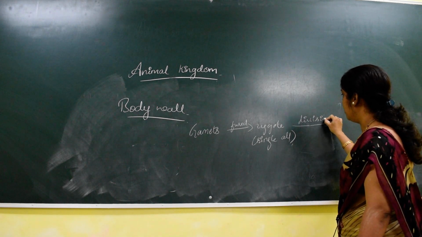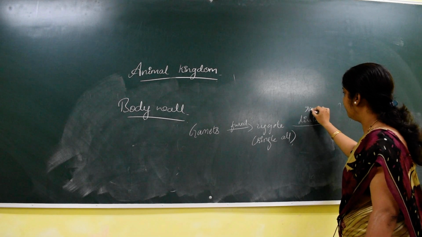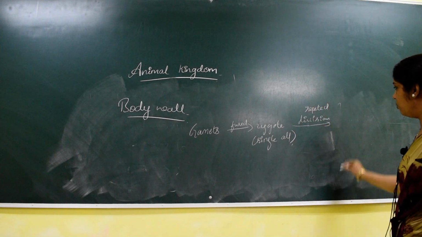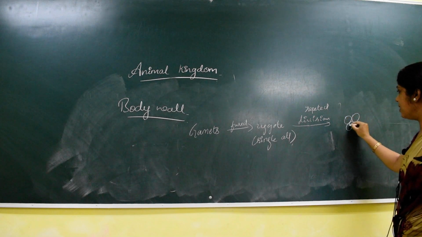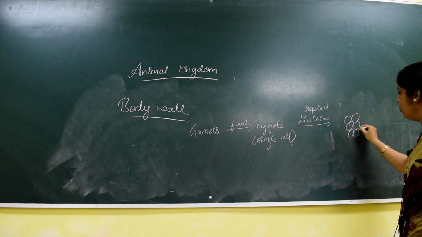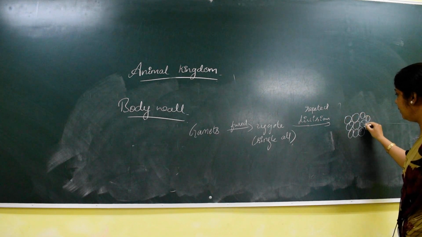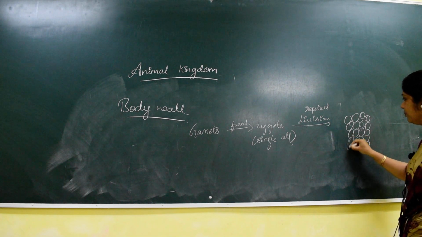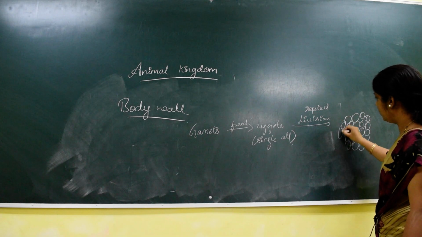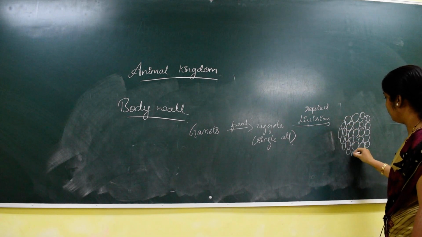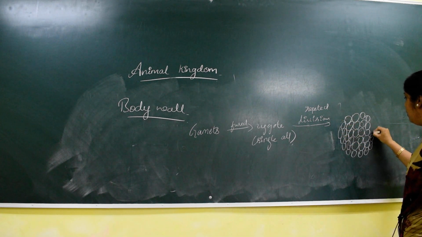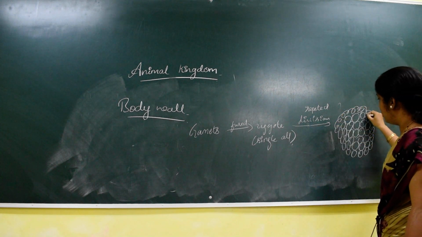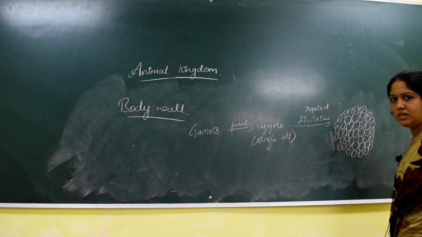It will undergo repeated division a number of times to form the mass of cells. One cell is divided to form numerous cells.